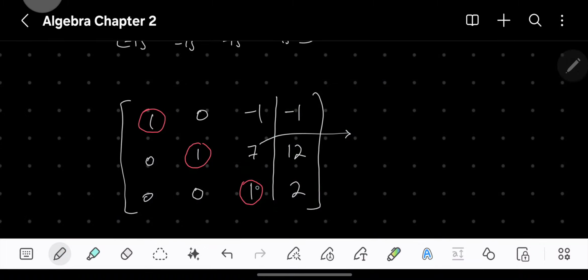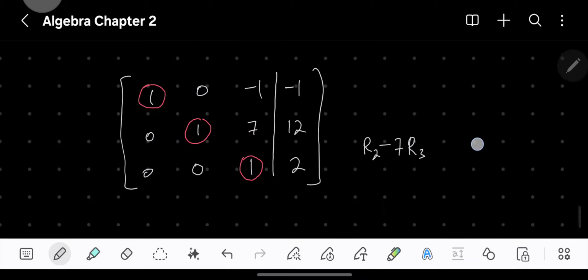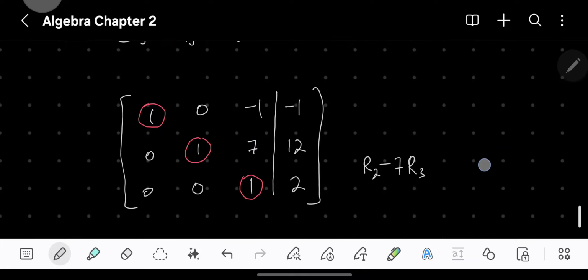Here we can make 0 by using this pivot entry. 7 minus something times the pivot entry, and this something is obviously 7. This 7 is coming from R2, this 7 is the constant, and this 1 is coming from the pivot entry, which is in R3. So this is the operation which I'll apply here.